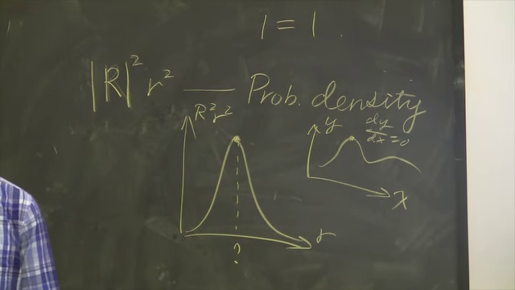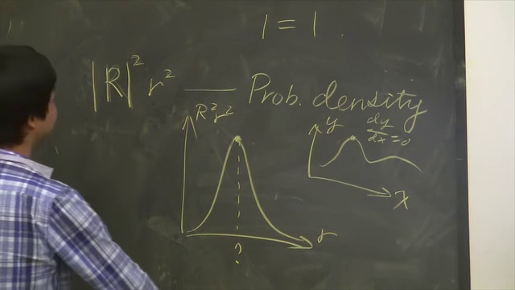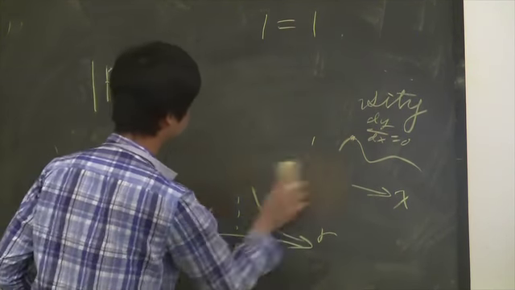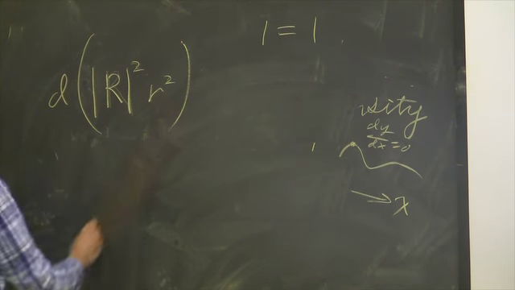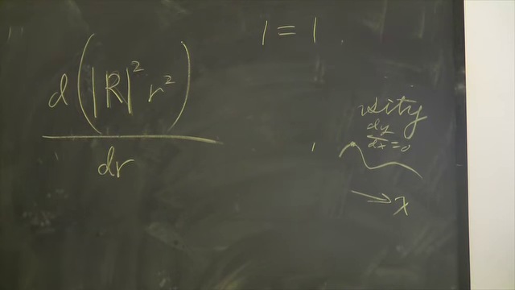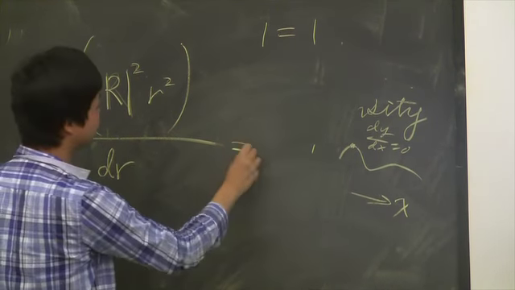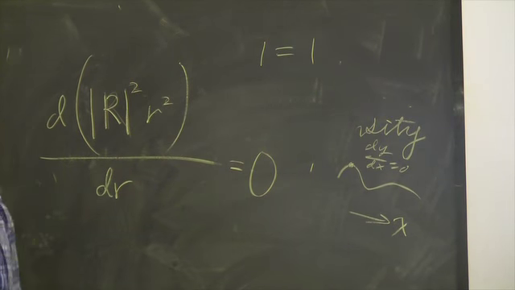Same thing here. You simply need to take d of this stuff over dr and set it to 0. And then solve for r from there.